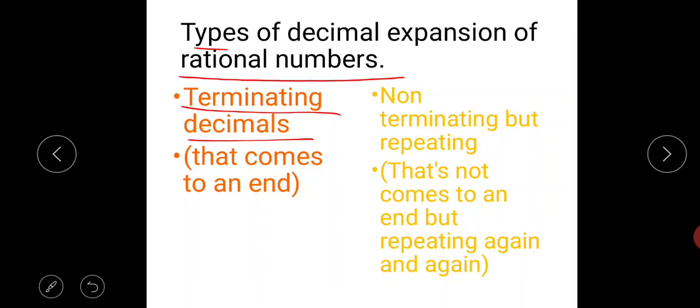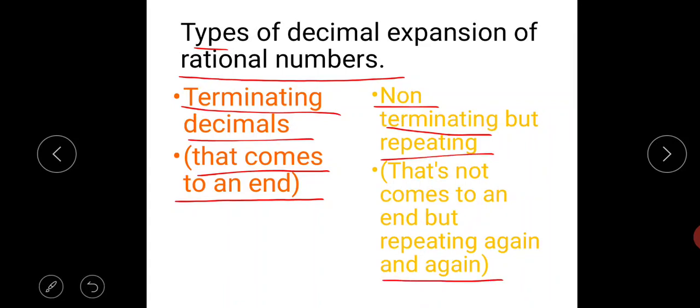Terminating decimals means that comes to an end, means the remainder is 0 after a certain process. Second is non-terminating but repeating. It means that the expansion does not come to an end but repeats again and again.